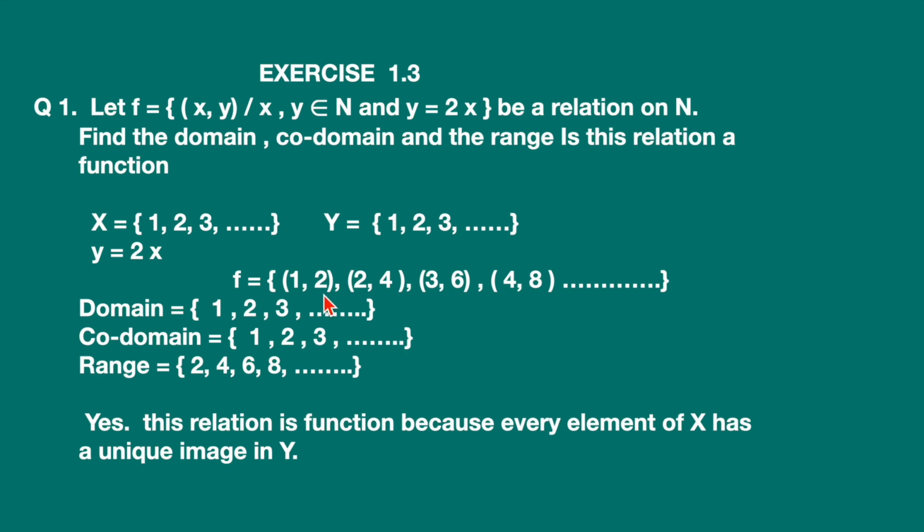Range is the set of images, 2, 4, 6, 8, and so on. Yes, this relation is a function because every element of X has a unique image in Y. You can take any element of this set X, you will find an image in Y. So this is a function.